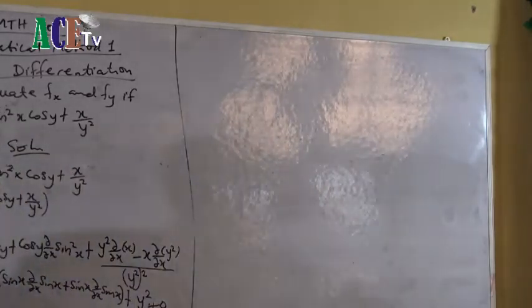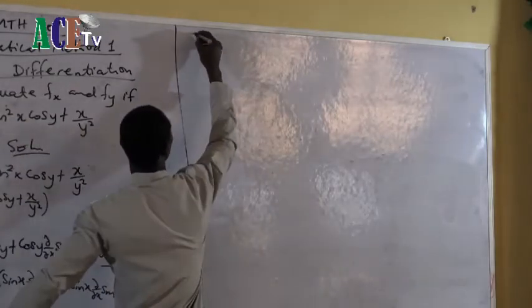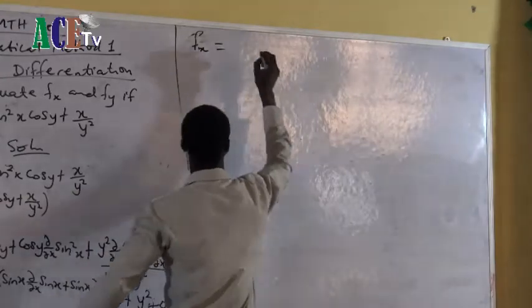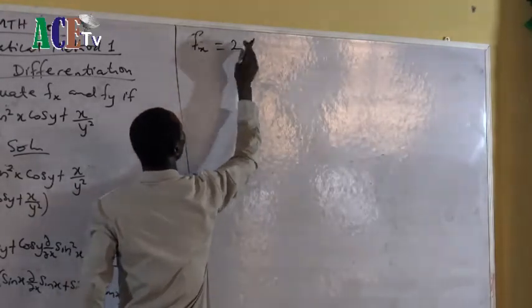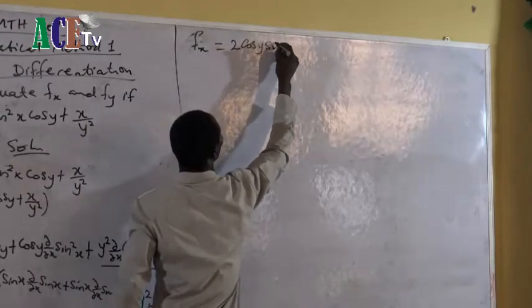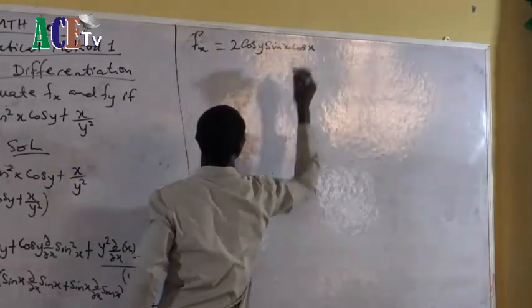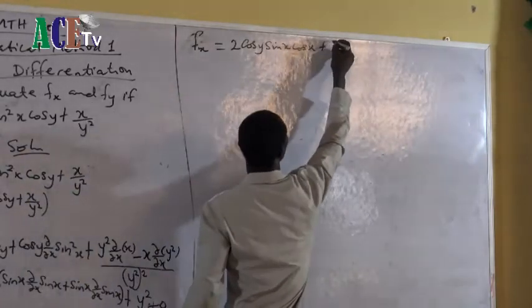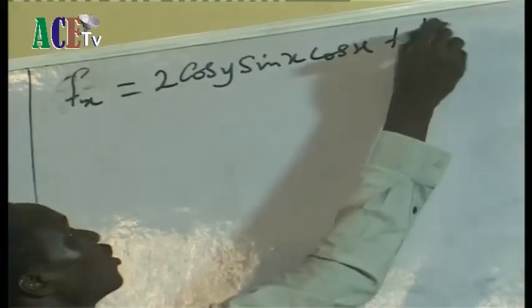If we open the bracket, our f subscript x will now be equal to 2 cos y sine x cos x plus 1 over y squared.